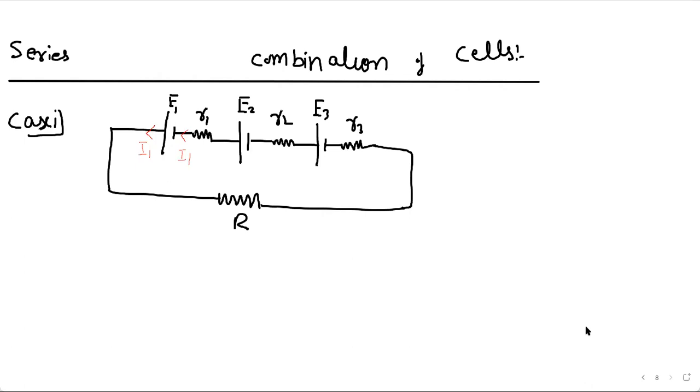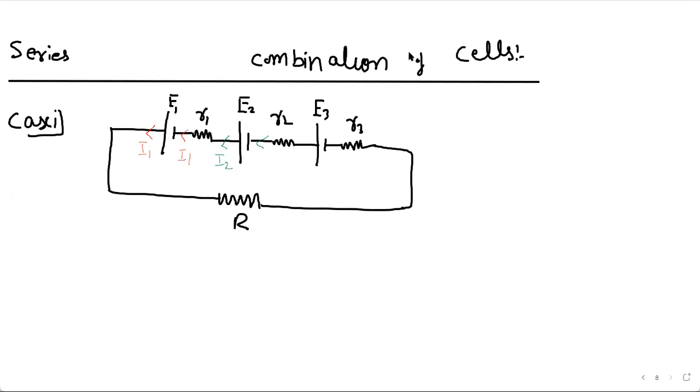Towards the left. It's from the positive terminal of the cell to the negative terminal. This is the direction of current due to the second cell.